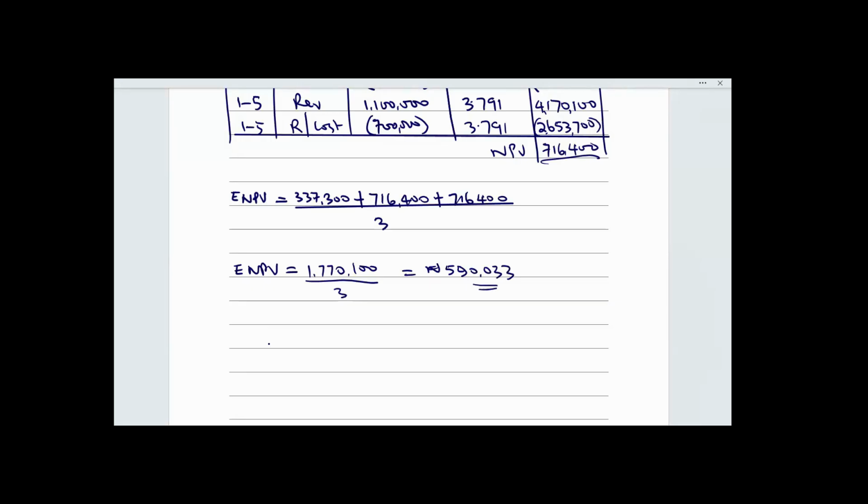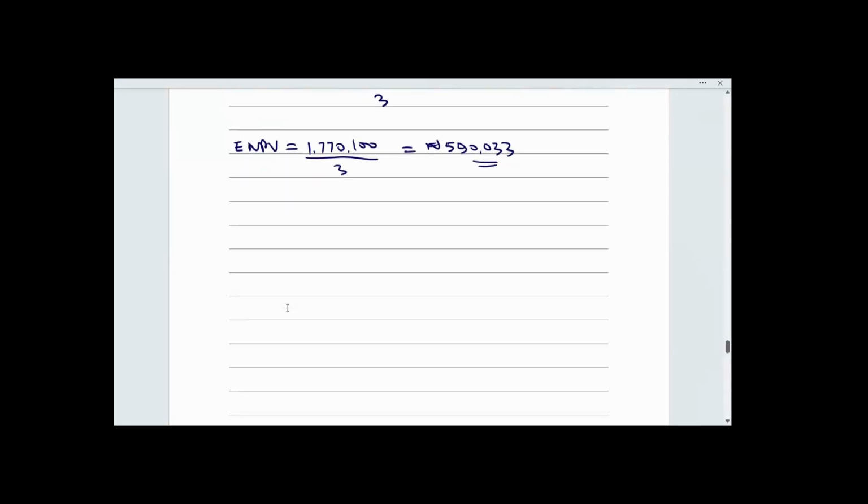Therefore, the examiner says you should calculate the expected NPV. I would then say the expected NPV is 590,033 naira. Okay, that is the final answer.